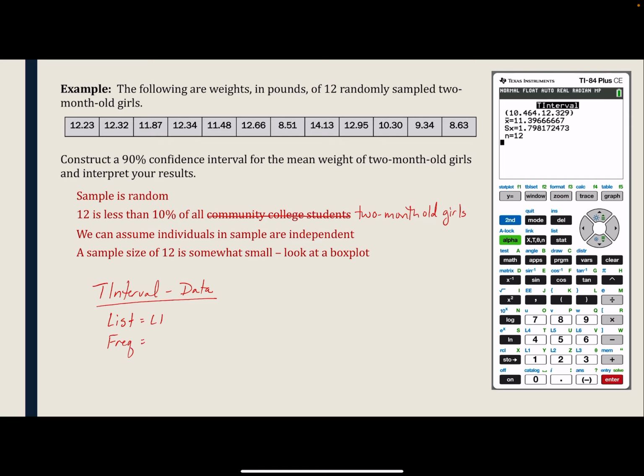The frequency, you will always want to leave this as 1, and then our C level was 0.9. And we got an interval of 10.464 to 12.329.